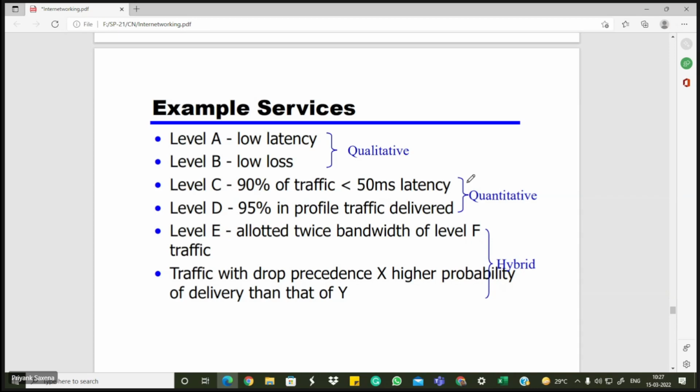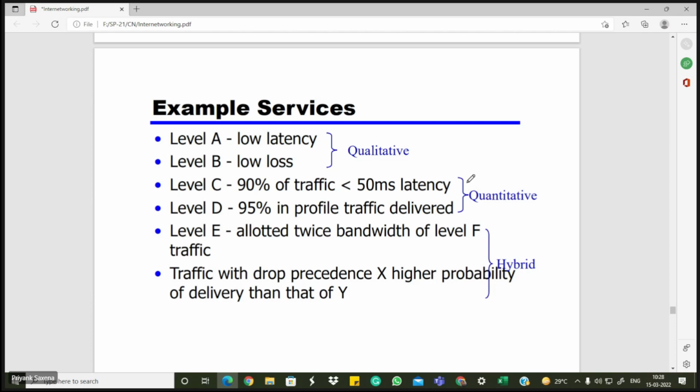95% of in-profile traffic delivered at service label D will be delivered. Traffic offered at service label E will be allotted twice the bandwidth of label F traffic.